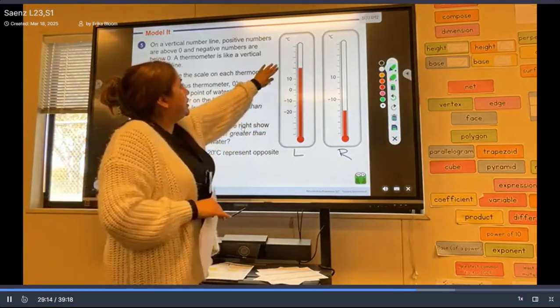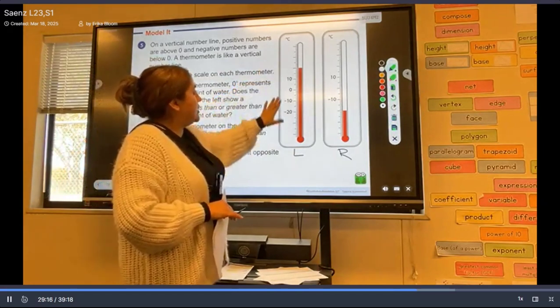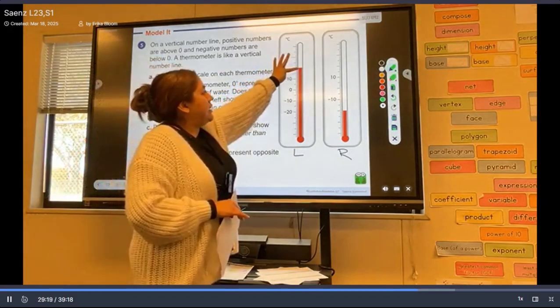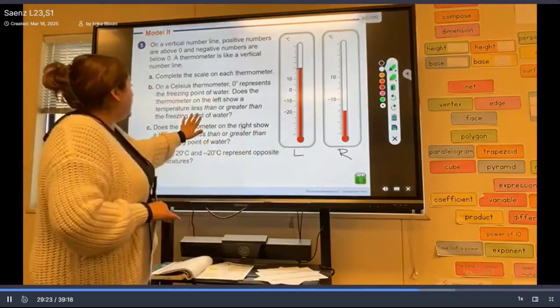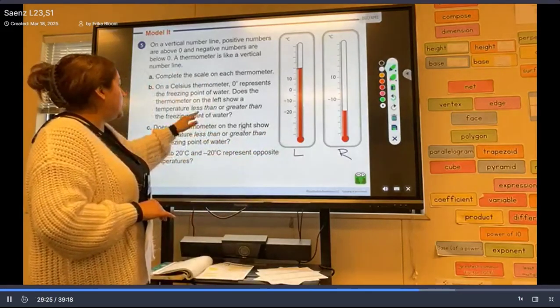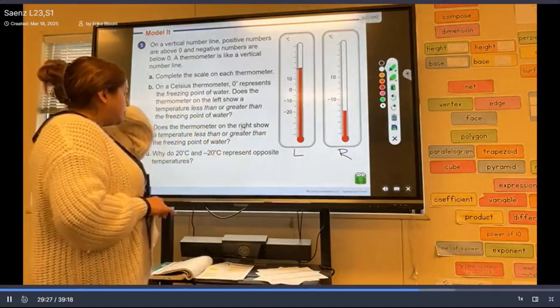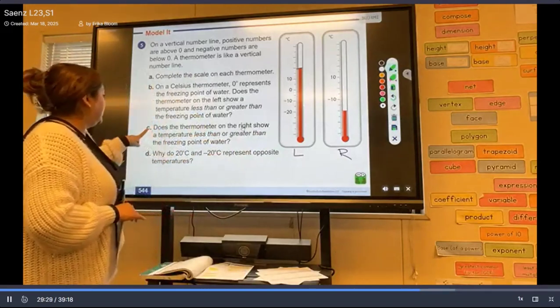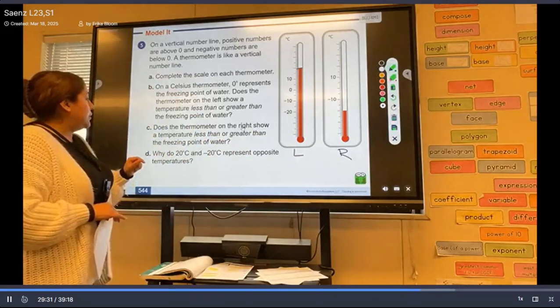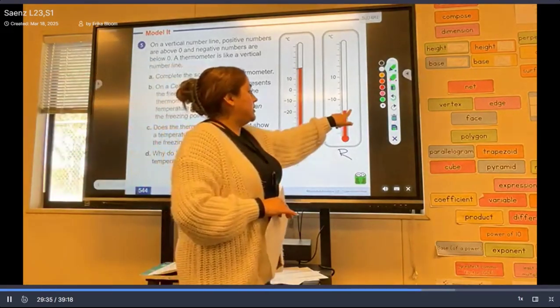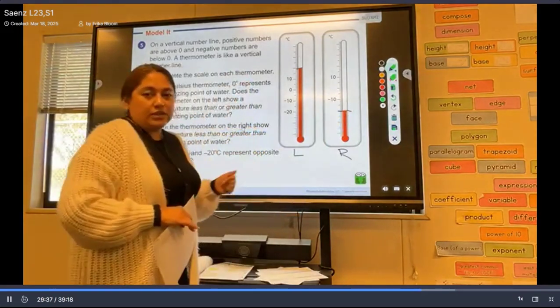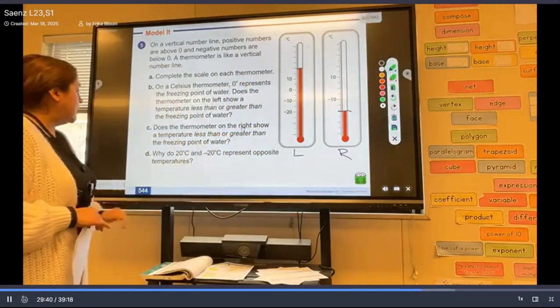Looking at the thermometer to the left, is this point greater than 0 or less than 0? And for C, does the thermometer on the right show the temperature is less than 0 or greater than 0? That should take about 10-20 seconds to answer.